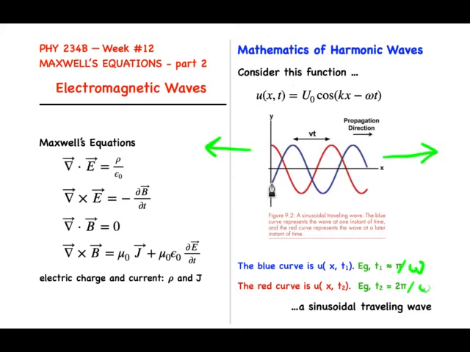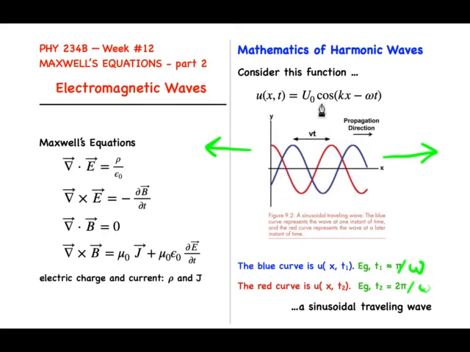All right, so at some time I have this blue curve. At a later time, the curve has moved over, and I have this red curve. It'll have the same shape, it'll just be located at a different place.